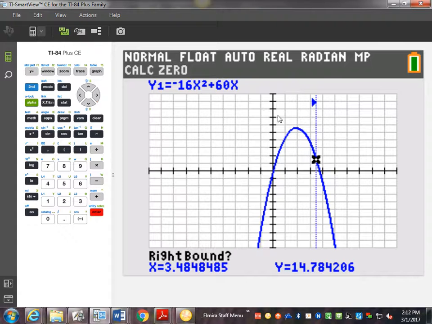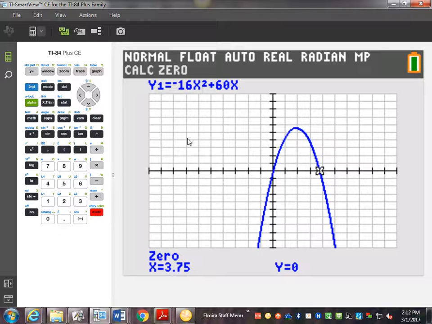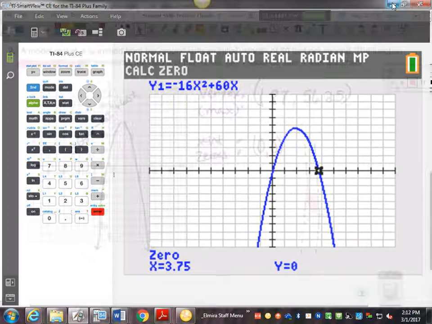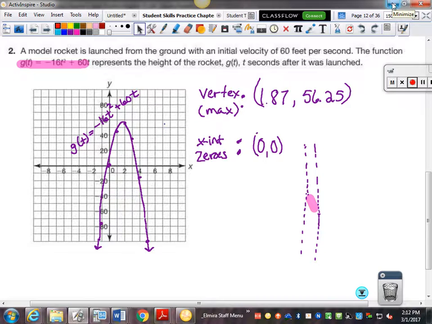Hit enter. We marked our left boundary. Then we go to the other side. There's our right boundary. And then guess. And it gives us our coordinates, 3.75 and 0. Gosh, I would have said 3.5. So I'm glad that there's a calculator way so that I could get a more precise answer. So 3.75 and 0.